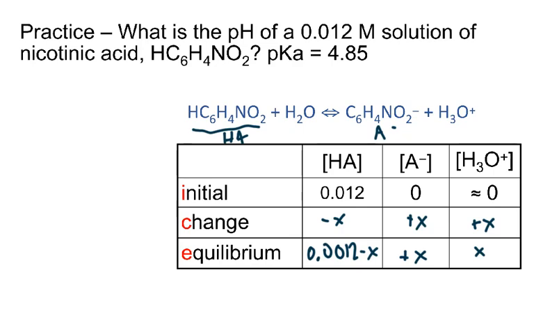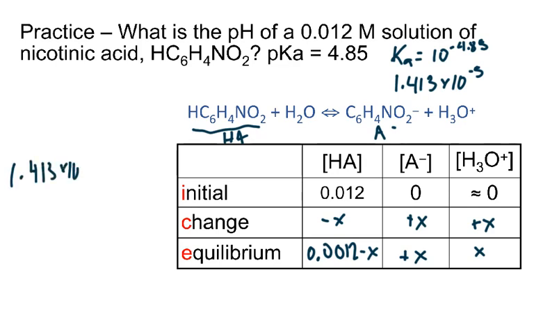If my pKa is 4.85, that means my Ka is 10 to the minus 4.85, which is 1.413 times 10 to the minus 5. So my 1.413 times 10 to the minus 5 is equal to, I'm going to have x squared from those, and then again we're using our x is small approximation, so it's x squared over 0.012.